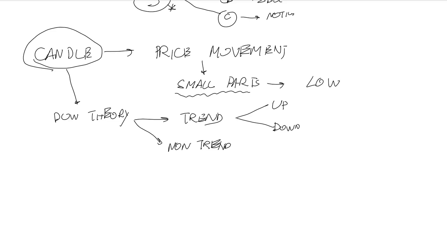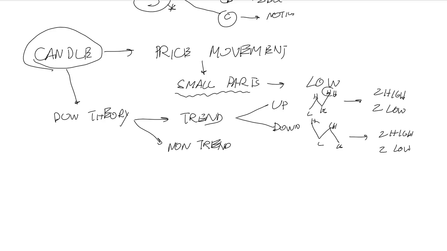Up means the market makes higher high and higher low, and when the market moves down, the market makes lower high and lower low. That means to identify uptrend or downtrend, you need two highs and two lows. This is the minimum information.